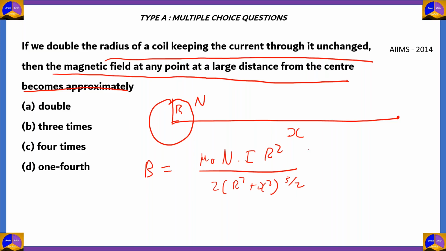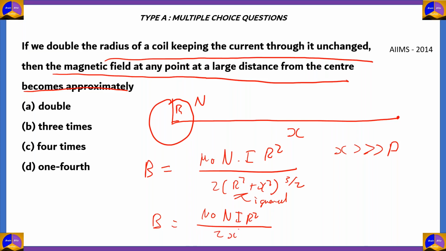Now, in this scenario, we know that x is way greater than R. Notice, therefore, in the denominator, R squared gets ignored. So B will become mu naught N I R squared divided by 2 into (x squared) raised to 3 by 2.